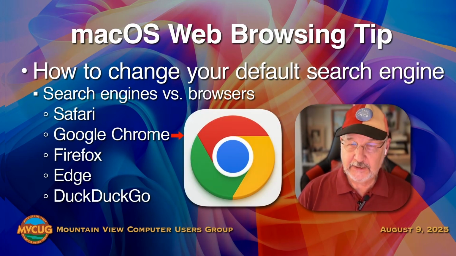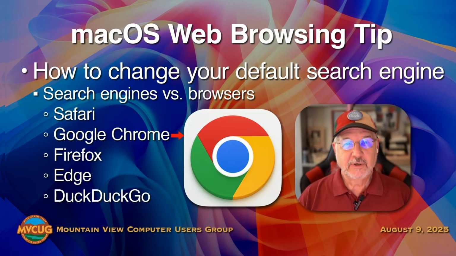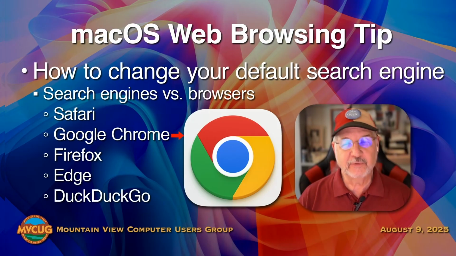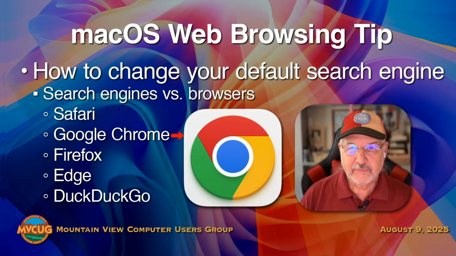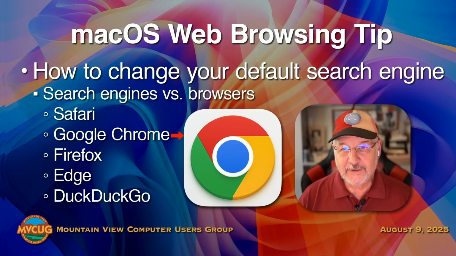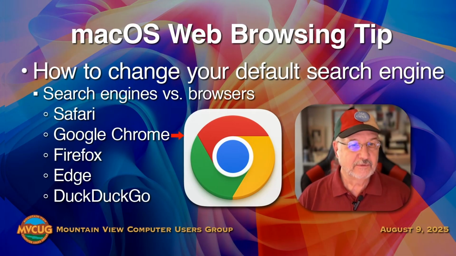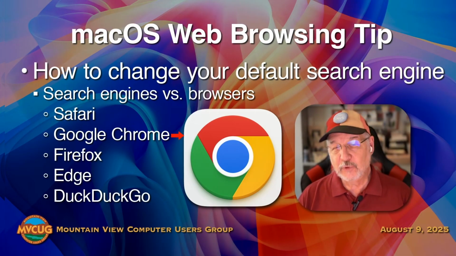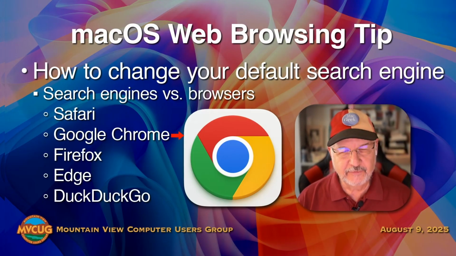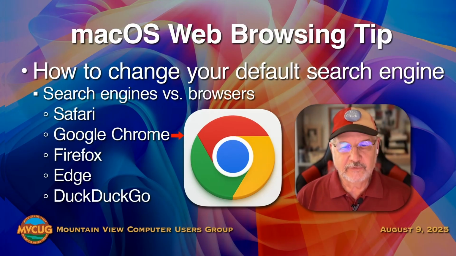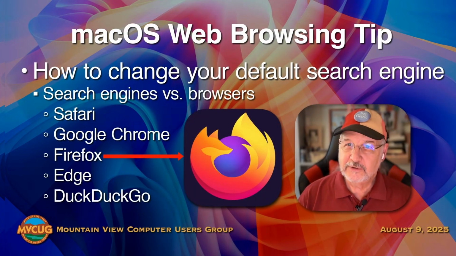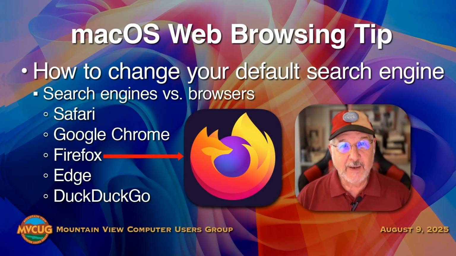Google, the company, has a web browser called Google Chrome, or most people just refer to it as Chrome. It's also available on multiple platforms, Windows, Mac, iPhone, iPad, and of course Android and Pixel phones, which are from Google. Firefox is another web browser. It's distributed by Mozilla.